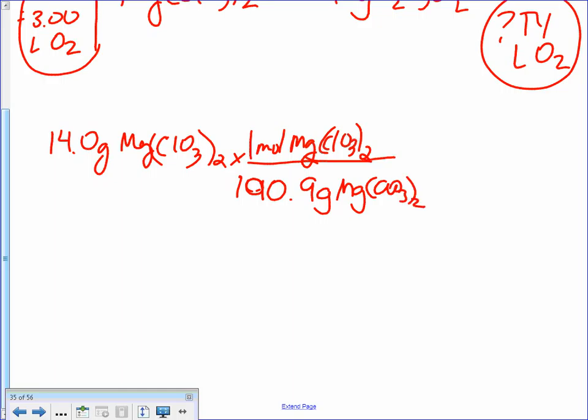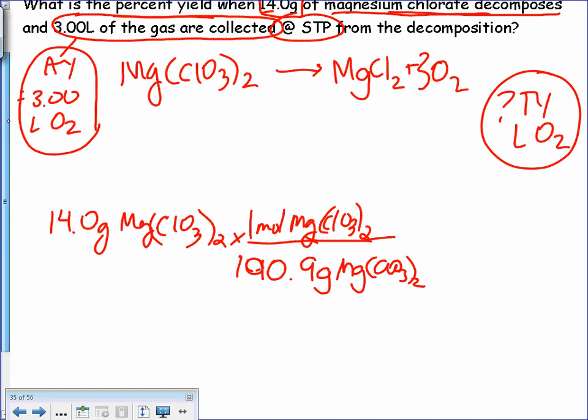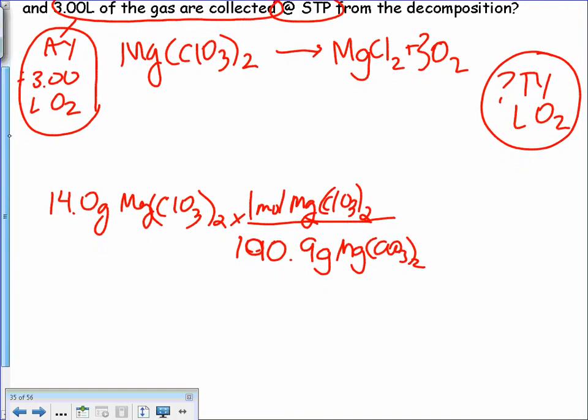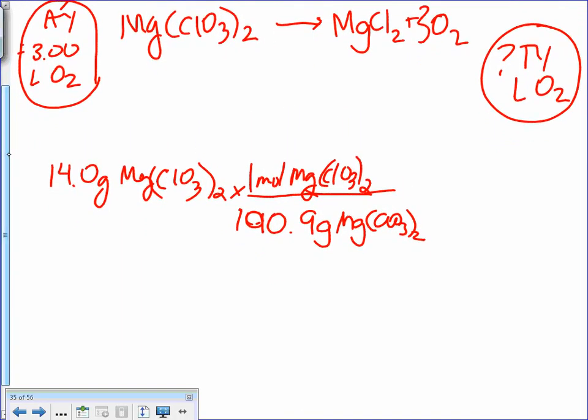Avery, what's next? What's my next step going to be? Right, so I'm going to go to oxygen. How? Using my mole ratio. So what's my mole ratio? How many magnesium chlorates are there? One. From the BCE, it says 1 magnesium chlorate.